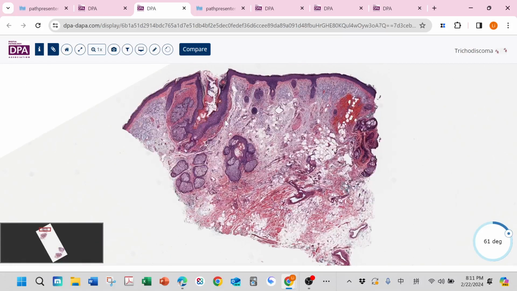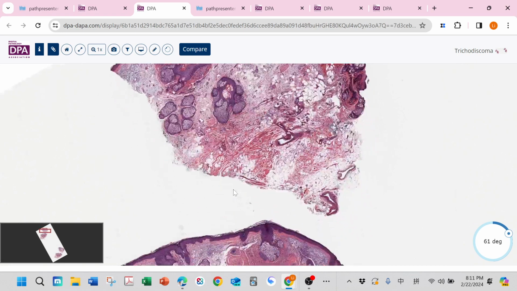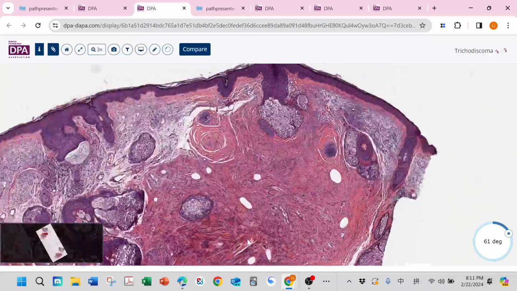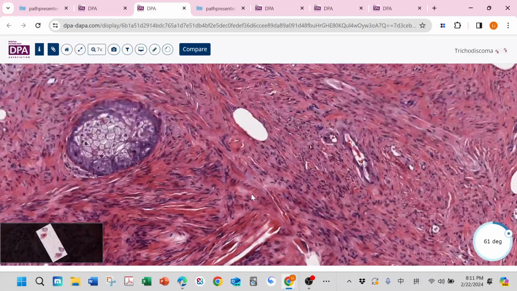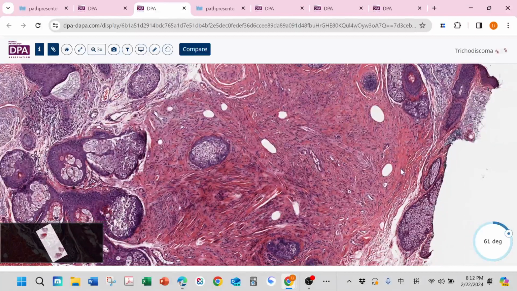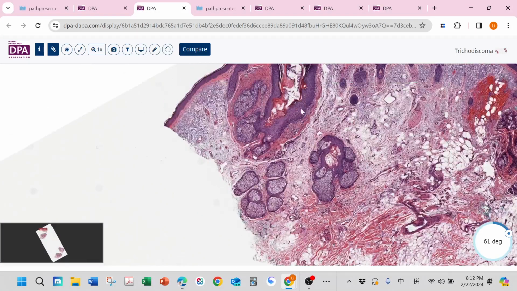In another piece, see this kind of stroma lying somewhat surrounding this hair follicle. Really eosinophilic, spindle-looking mesenchymal differentiation, spindle cells forming this tumor. So this one is trichodiscoma.